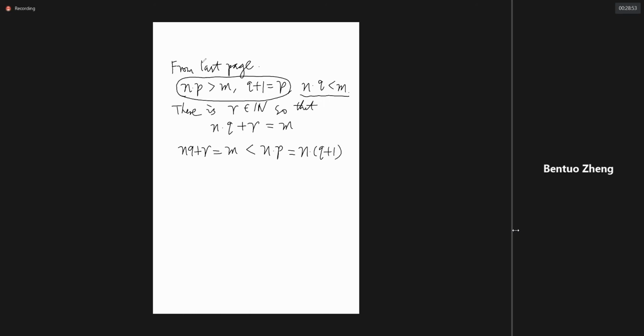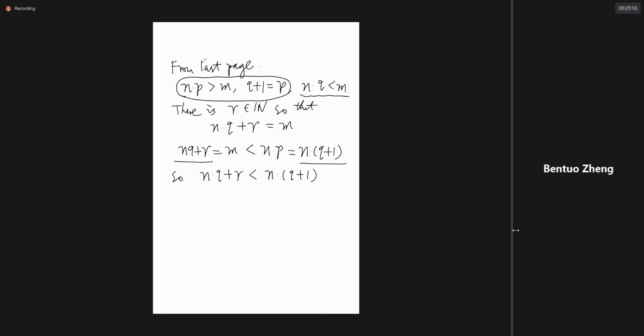So what you actually get is N times Q plus R is less than N times Q plus 1.